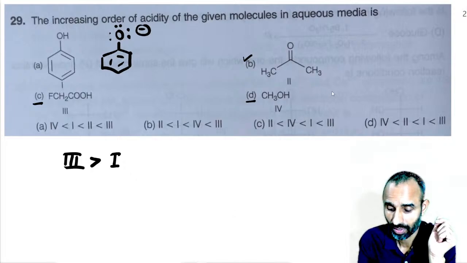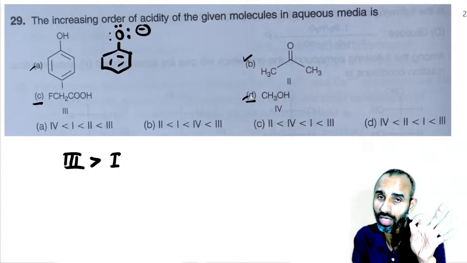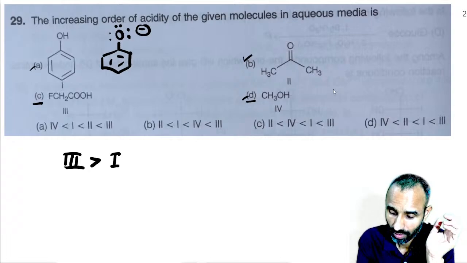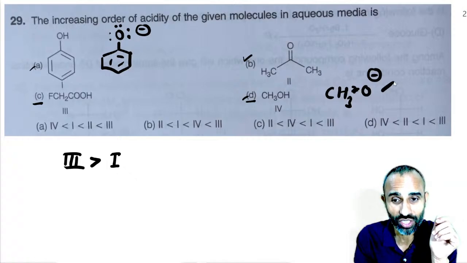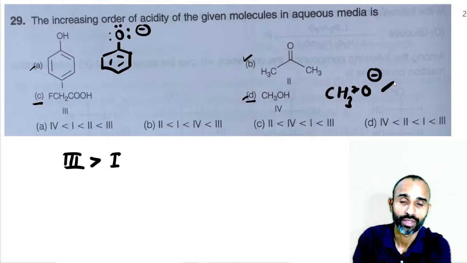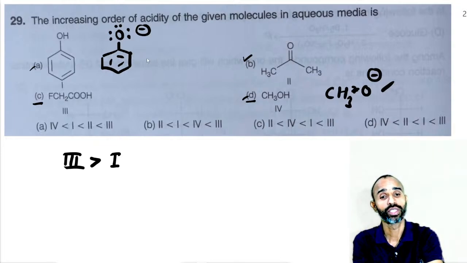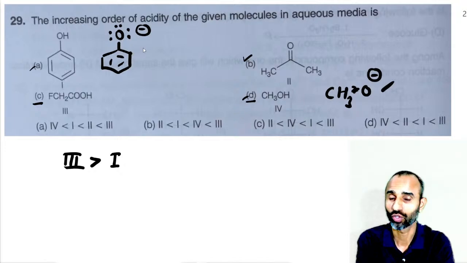In A and D cases, in both there is an OH group, but in this case we have methoxide, which is destabilized due to the electron releasing effect, and this phenoxide ion is stabilized due to resonance.